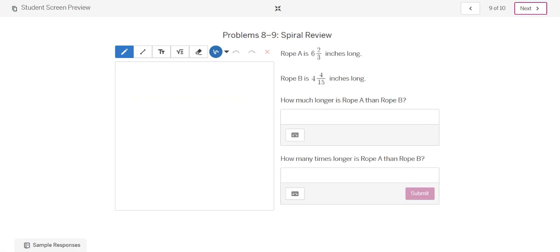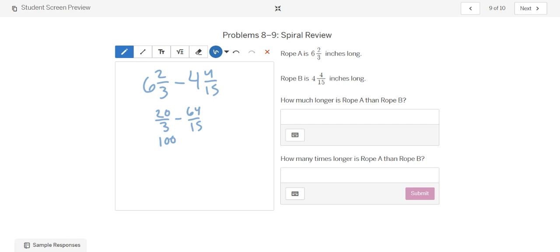Which is longer? That's subtraction. Oh, those are not nice numbers, though. Minus 4 and 4/15. I've got that 1820 over 3 minus 64/15. Got to get a common denominator.